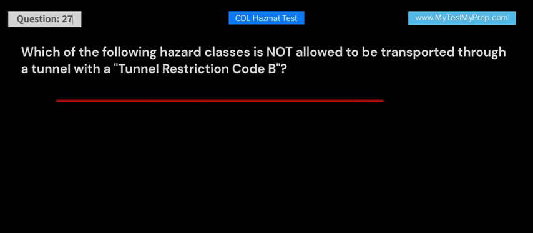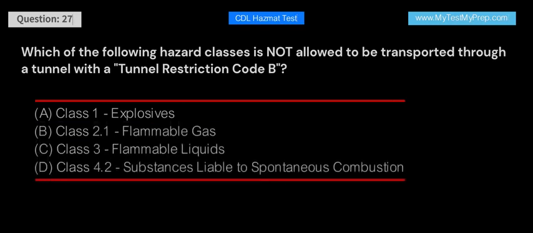Which of the following hazard classes is not allowed to be transported through a tunnel with a tunnel restriction code B? A. Class 1 explosives. B. Class 2.1 flammable gas. C. Class 3 flammable liquids. D. Class 4.2 substances liable to spontaneous combustion.